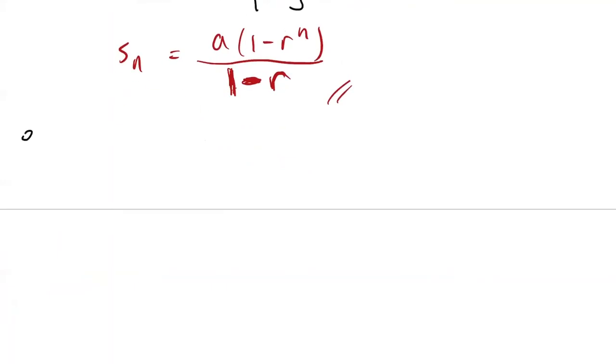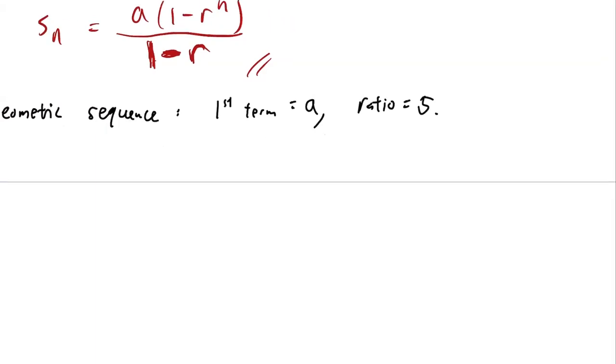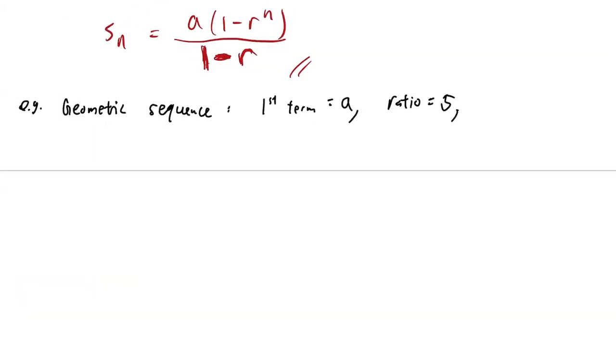So example, let's say we have a geometric sequence such that the first term equals A, the common ratio equals 5.